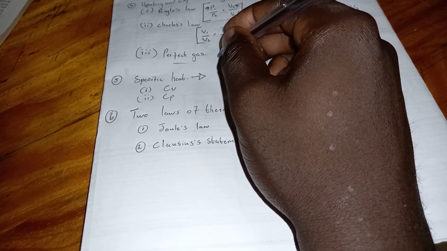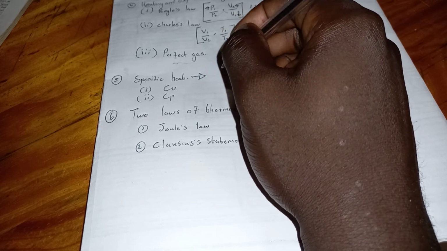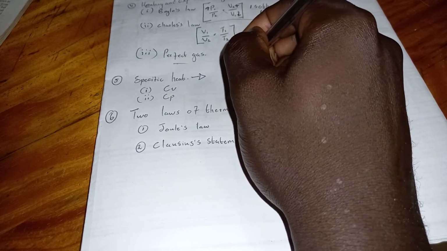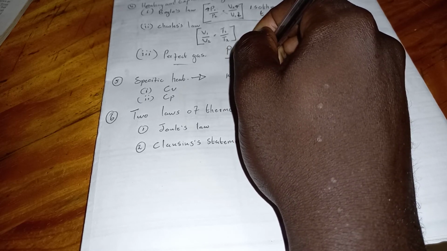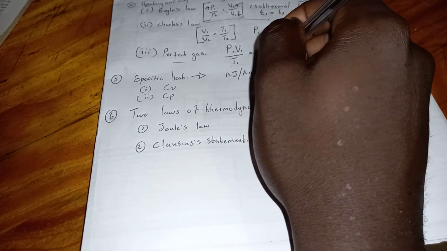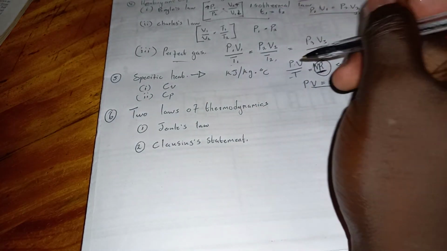The units of a specific heat capacity are joules, or we can say kilojoules per kg, kelvins or degrees. Let's say degrees for now.